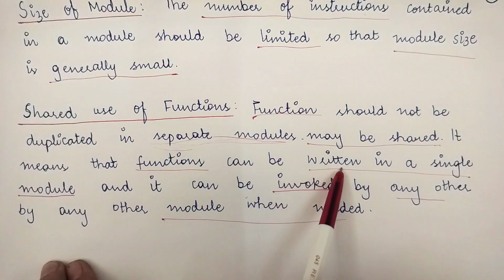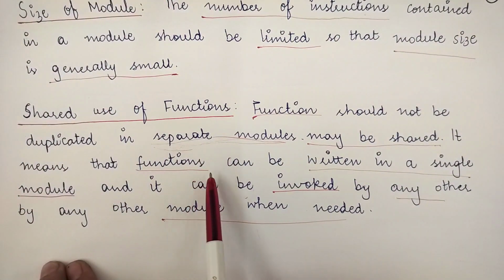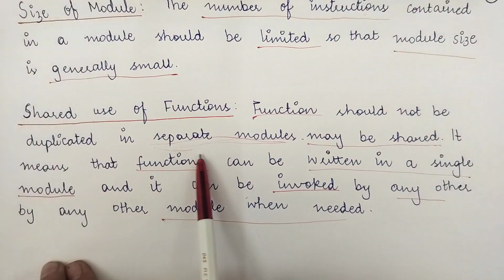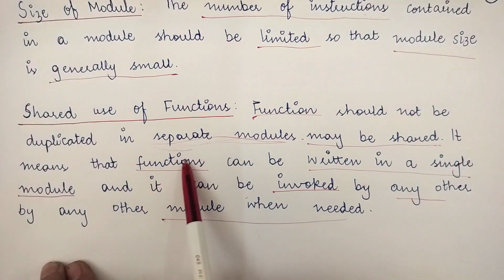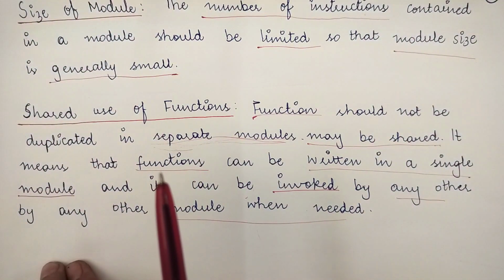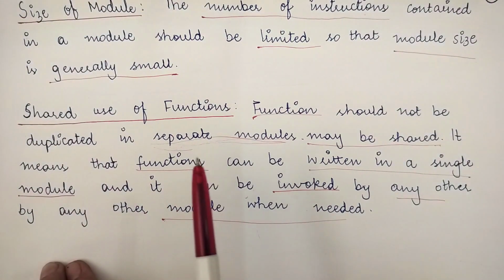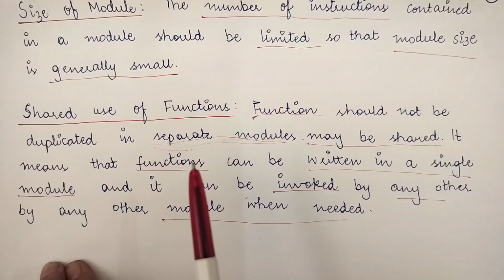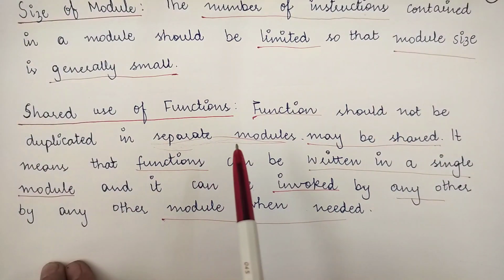It means that functions can be written in a single module. You can have a separate module for a particular function. Say for example, all the modules are doing their independent tasks, that means they have different sets of instructions, but at the same time they all may require some common functionality. To achieve that common functionality, you do not need to write the same piece of code again and again in all the different modules.